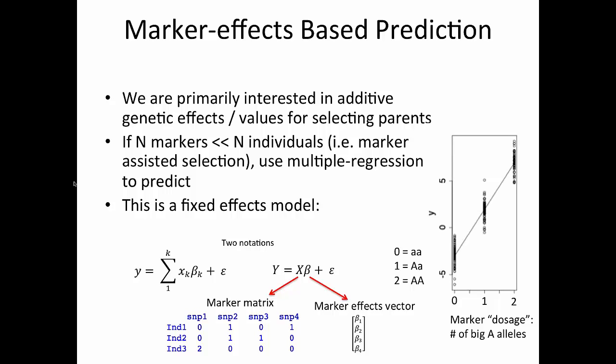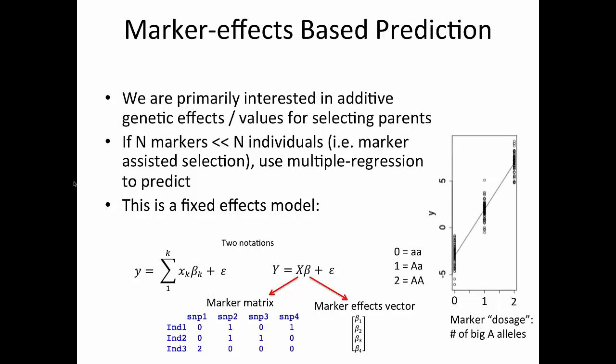And I just put these 2 notations up. They're equivalent models. The idea is you have K markers. The marker scores for each individual are in this vector X, and then you have an effect for each marker. So if you sum them up, you get the total prediction, and you can write that similarly in this matrix form that you'll see a lot in the genomic selection literature.